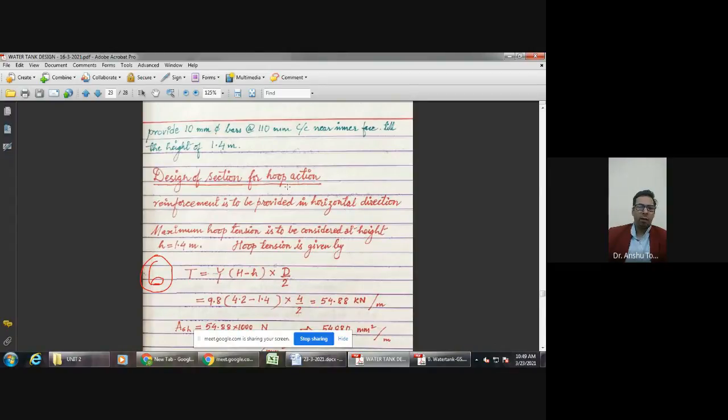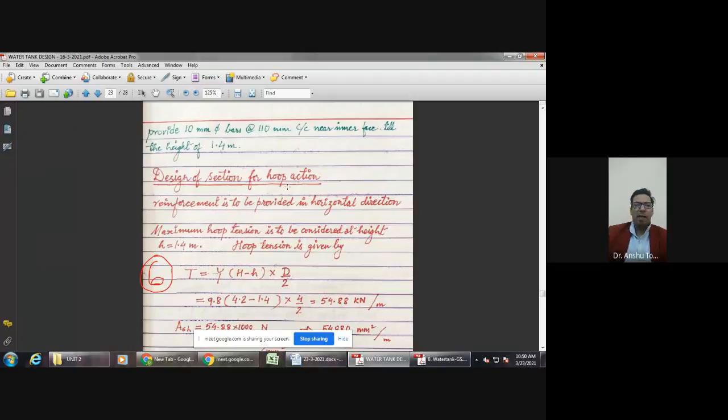So here, because of the cantilever action, where do we provide the main reinforcement for the cantilever? Along the cantilever length.